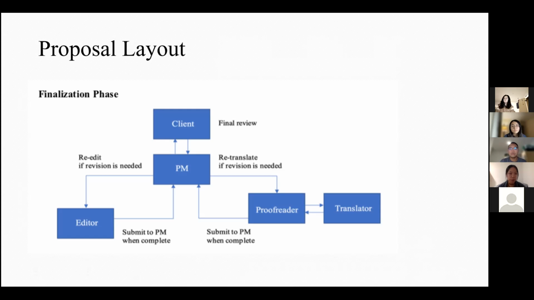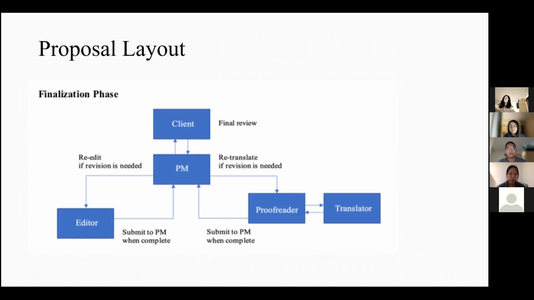For example, in the finalization phase, we want to emphasize the central role of the project manager. So we use charts and directions and arrows to present the role of different people.